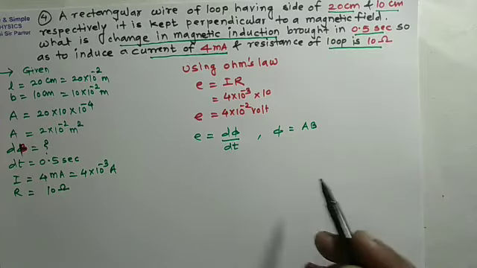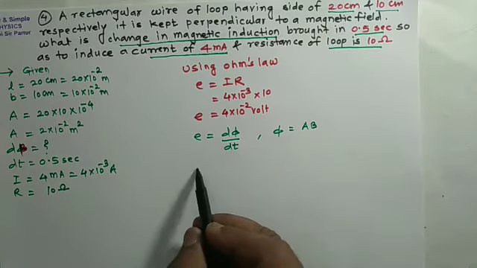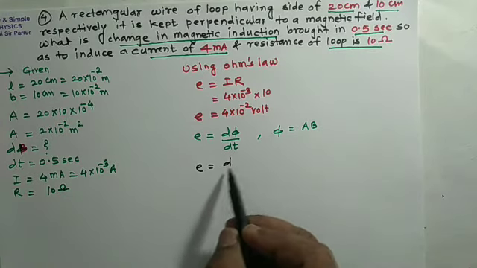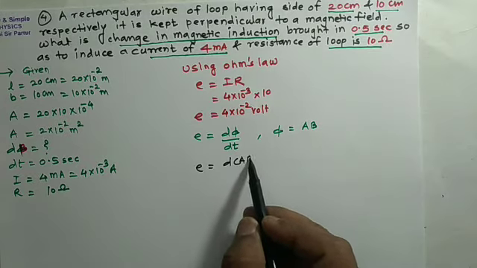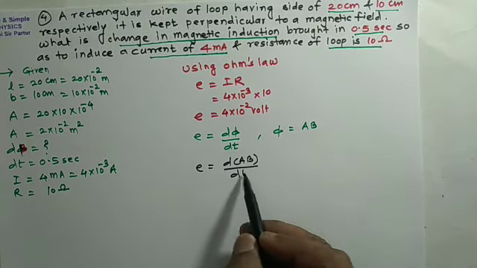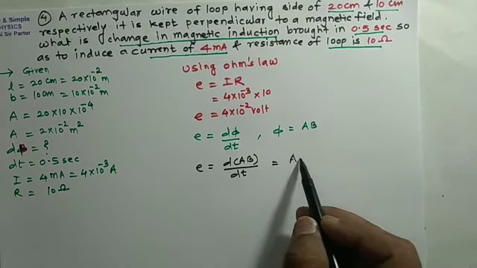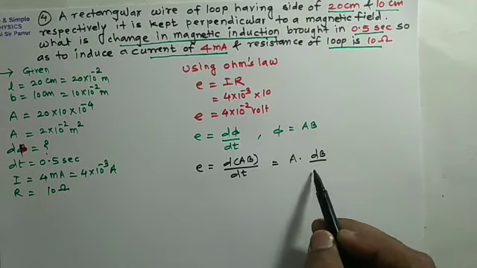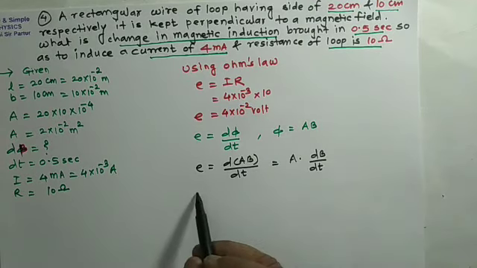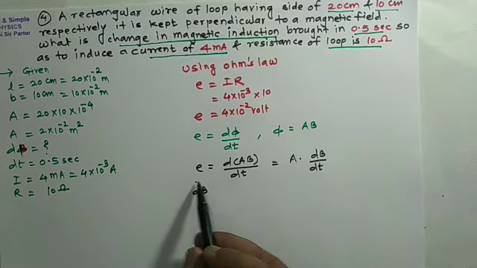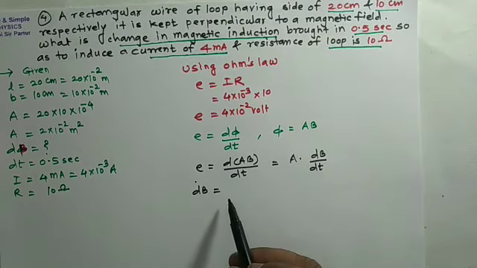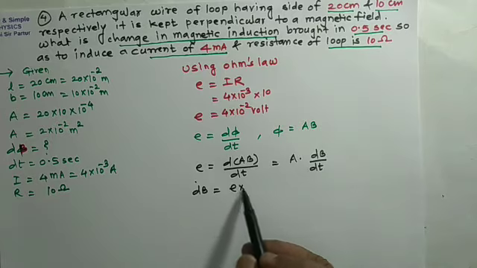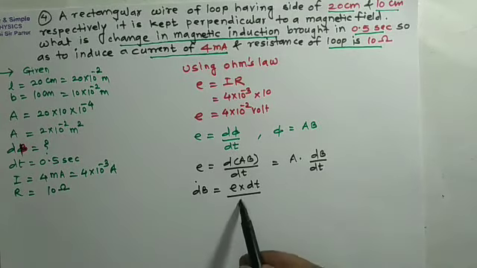So if we substitute, E is written as the derivative of A into B upon time, that is A into dB upon dt. We can find out dB, the change in magnetic induction, which will be E multiplied by dt upon A.